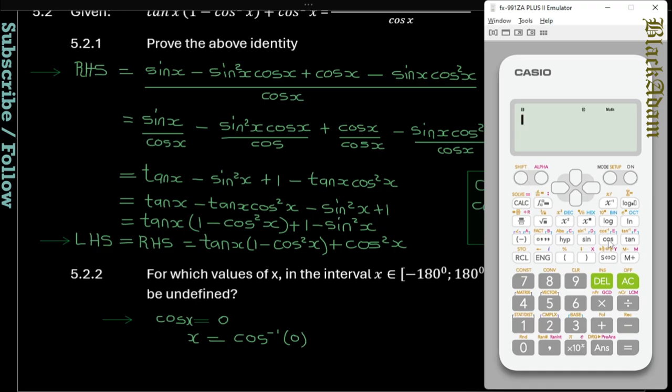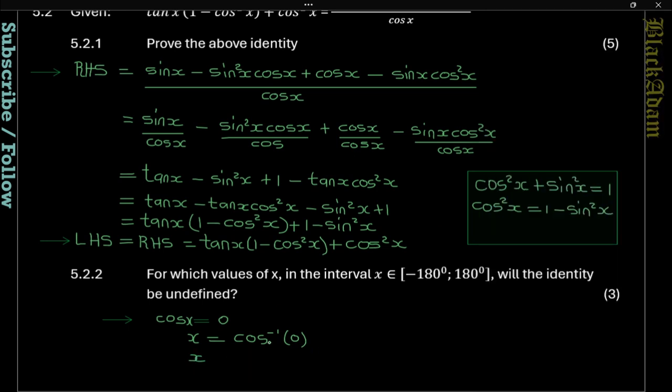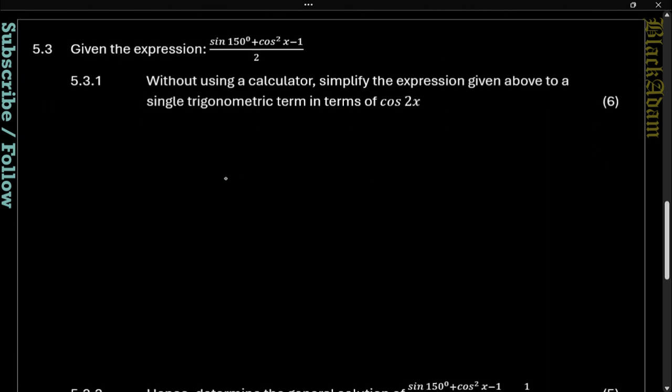Using a calculator, inverse cos 0 gives us 90, so x is going to be 90 degrees, but because we have a range from negative 180 to positive 180, we can also include negative 90 degrees as well. So those are the possible answers that we have.